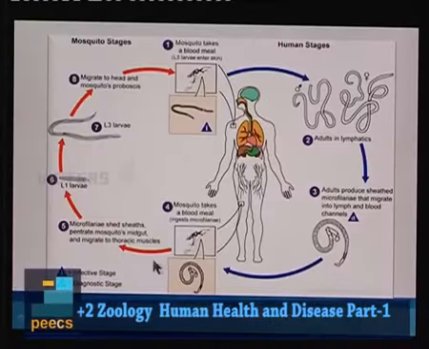Here you can see it is mainly affecting the lymphatic system. So, the adults are formed here. You can see the adults will be remaining within the lymphatics of the infected person, and the adults will produce sheathed microfilariae and they will migrate into the lymph and blood channels. It is very important to note here that there is a nocturnal periodicity observed in the case of Wuchereria bancrofti.